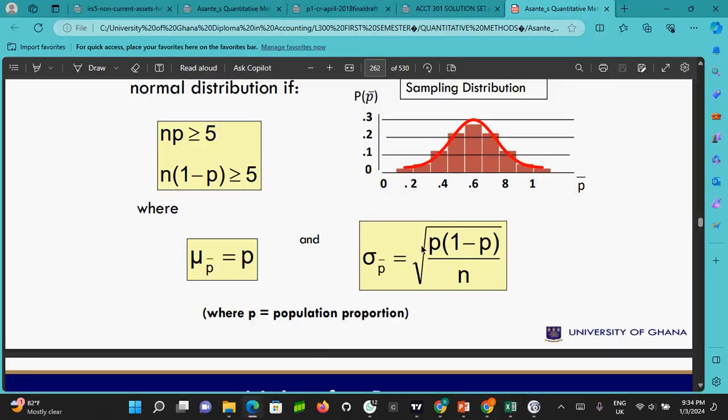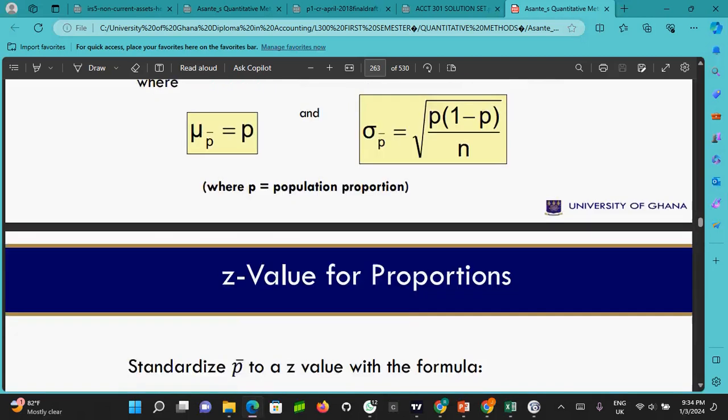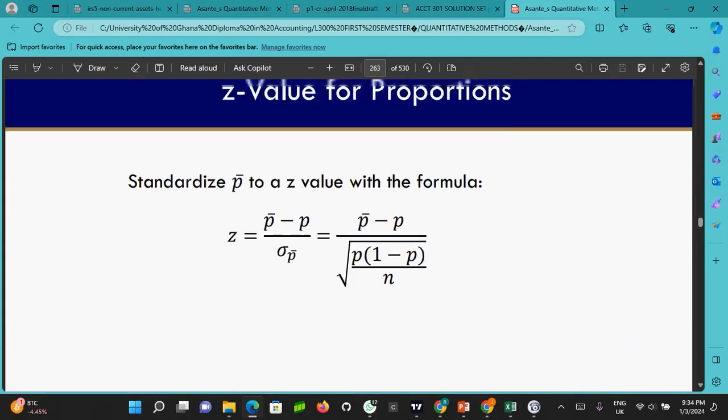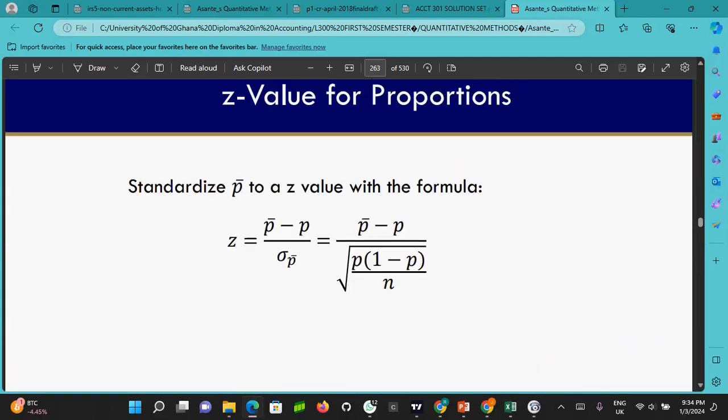Okay. So basically, this is the same thing here. We'll get a question, and then we standardize P. Normally this is the formula for solving for the Z value when we are dealing with proportions, right?